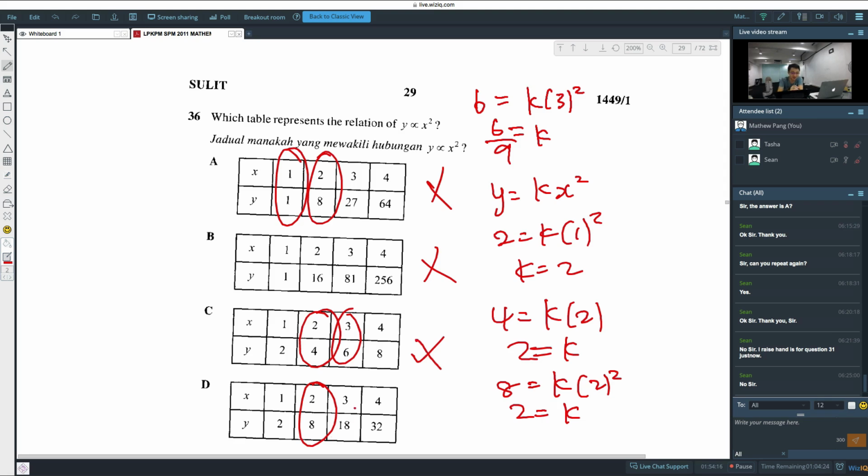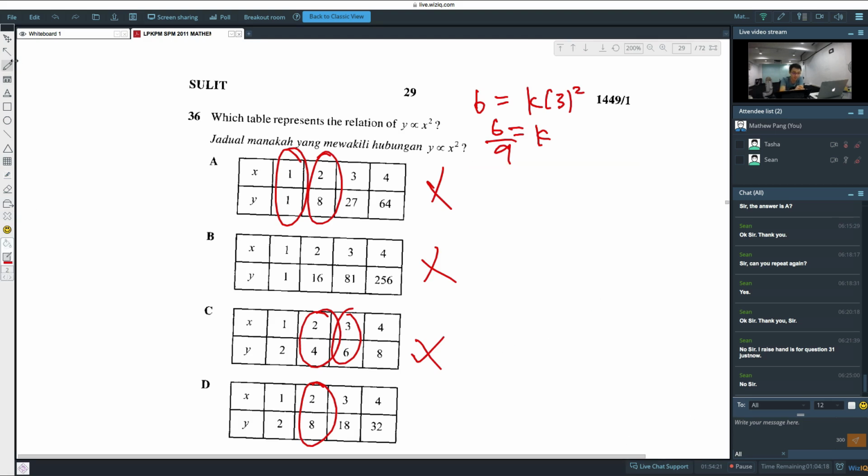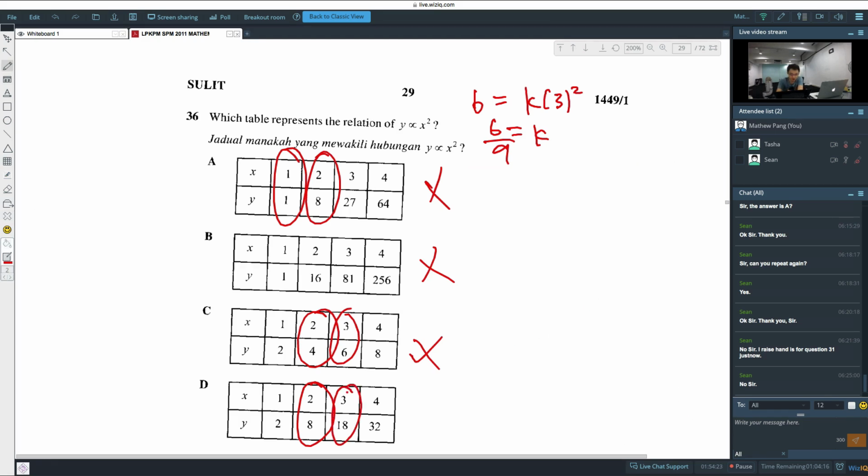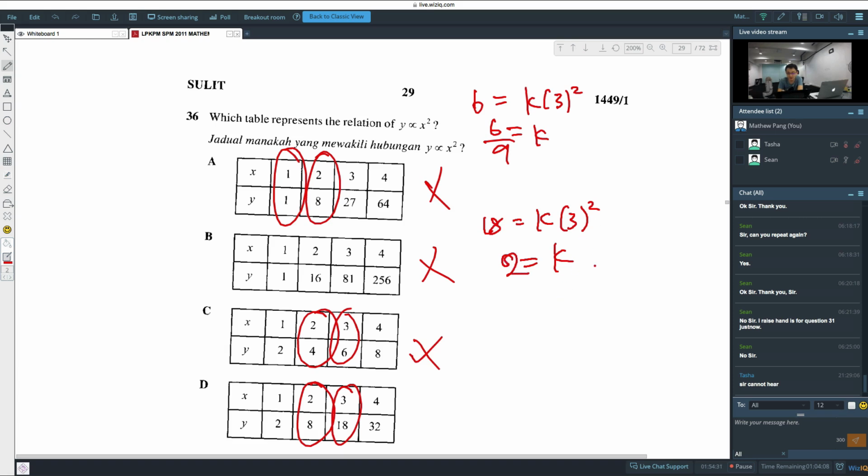Okay, we try D. For D, we try the third combination. This is 18 equals k times 3 squared. So k equals 18 divided by 9, which is 2. So the answer will be D. So this one you have to test for the constant.